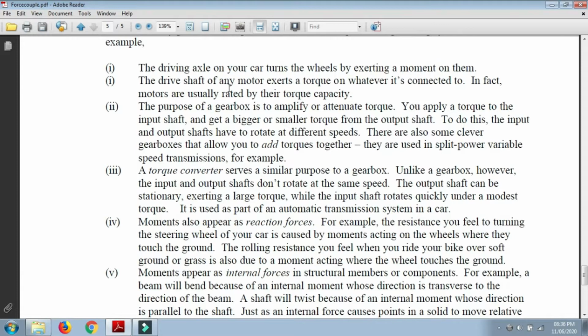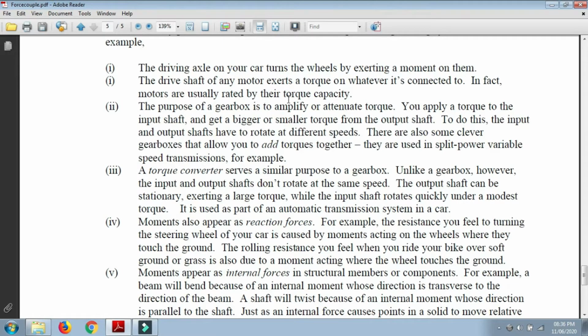The drive shaft of any motor: in your home, you have your water pump or your motor, which basically sucks water and sends it to your higher story buildings. So the drive shaft of any motor exerts a torque on whatever it is connected to. In fact, motors are usually rated by their torque capacity.